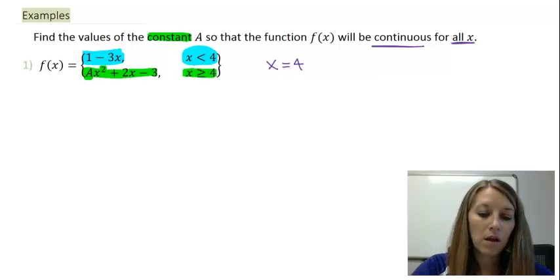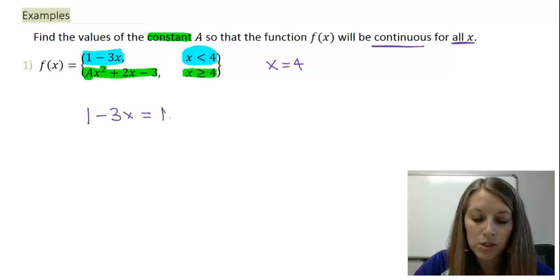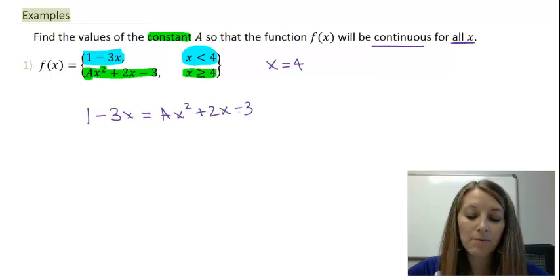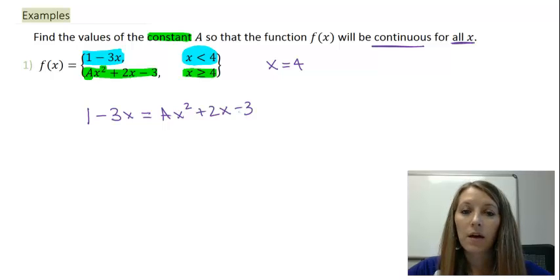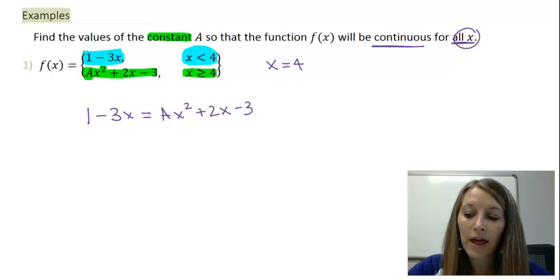Well, that means we just have to make sure that these two pieces are equivalent to each other. So my left-hand side, my 1 minus 3x polynomial, has got to equal my right-hand side, my ax squared plus 2x minus 3. Now, this actually still may seem a little bit more difficult than it needs to be. This is telling me that these two pieces have to match up for all x.